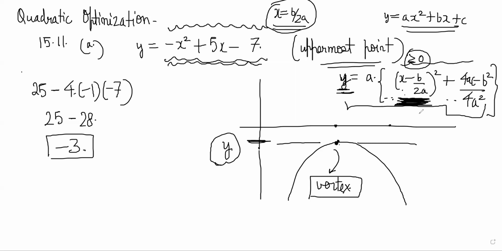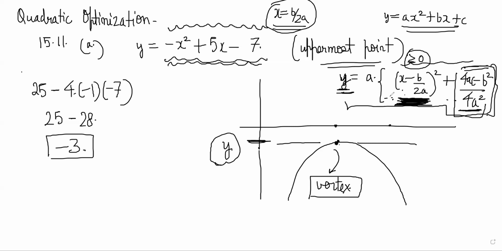This much will give us positive, and this is a constant. Do you understand what I'm saying? So some constant number here plus some square, if I want to make it as low as possible, I need to make the square 0.